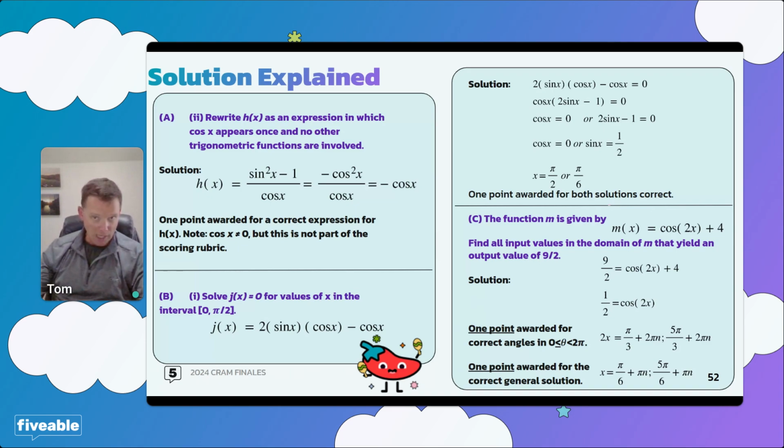We get 2 values for 2 equations, one for cosine, one for sine. And that leads to 2 answers. And you had to get both answers correct. Notice the bracket on the problem, which means pi over 2 is included in the possible solutions. And you had to get both of them right to get the 1 point.